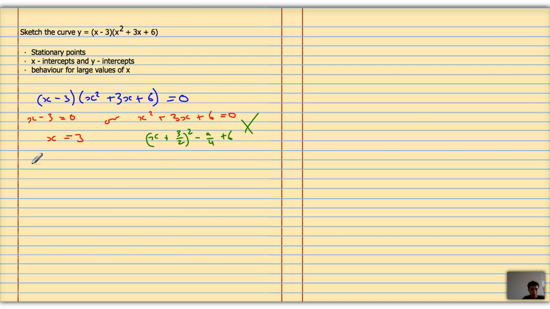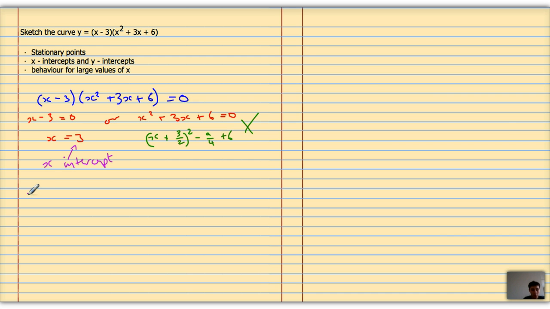What about y-intercept? Well, to find y-intercepts we can, I'll try x-intercept here. Okay, we're going to need to expand this bracket, I think. Or maybe not.